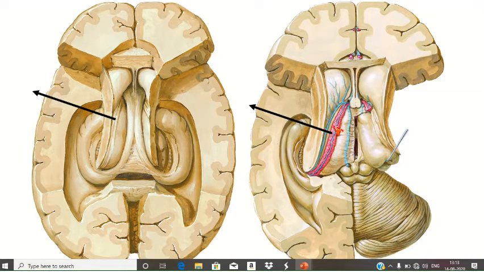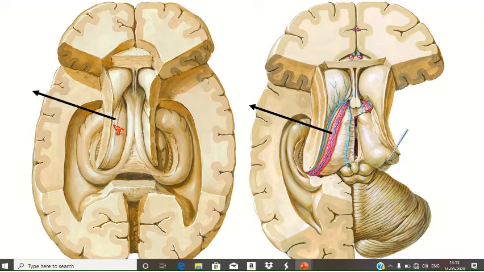Both the thalamostriate vein and the stria terminalis are lodged in the groove between the thalamus and the caudate nucleus. Here you can see the thalamus, and here the caudate nucleus. Between them lie the stria terminalis and the thalamostriate vein.